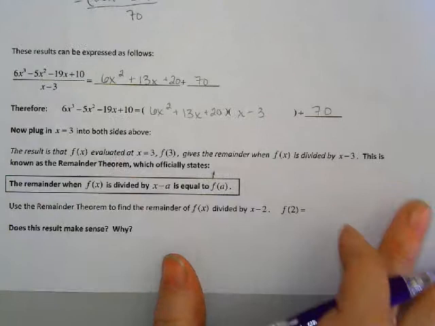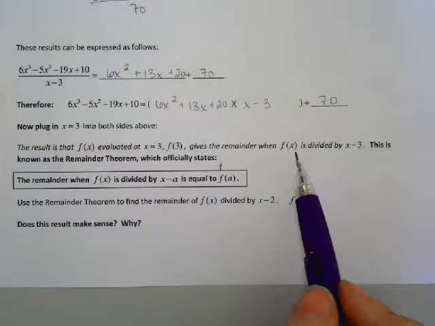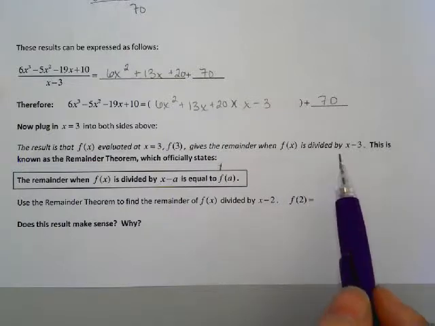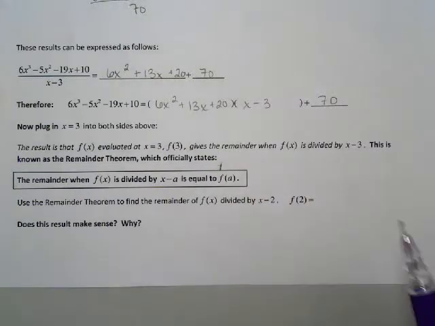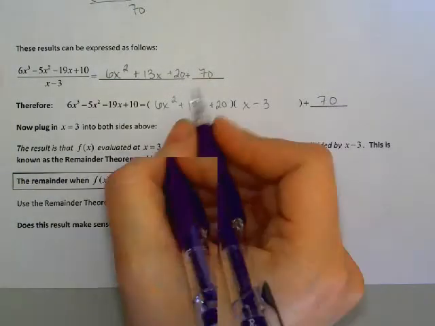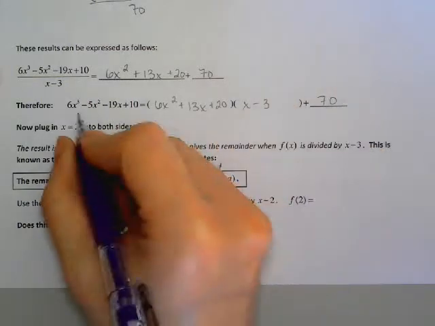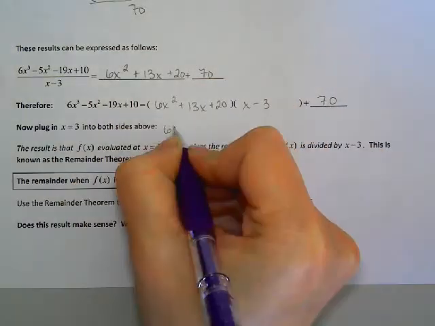The remainder theorem tells us that if we evaluate a polynomial for a certain value, that's going to give us the remainder if it's not divisible. I'll talk about that in a minute. So, I'm going to take my original polynomial and plug in 3 for x.